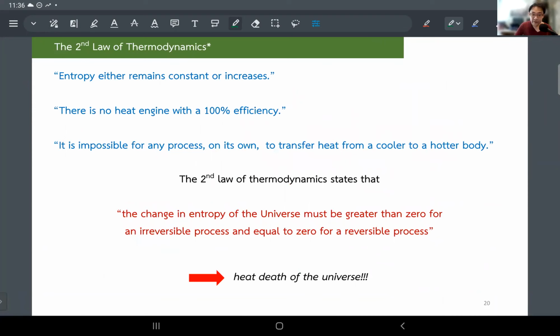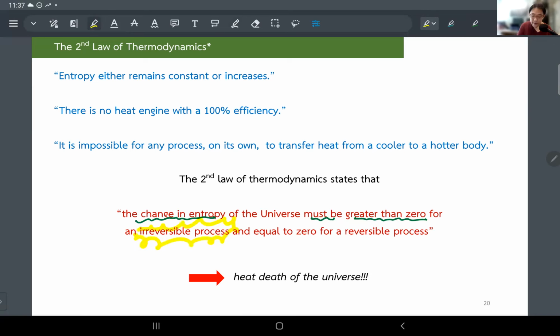Let's jump right into the final conclusion. Okay. The change in entropy must be greater than 0, positive change, for an irreversible process.